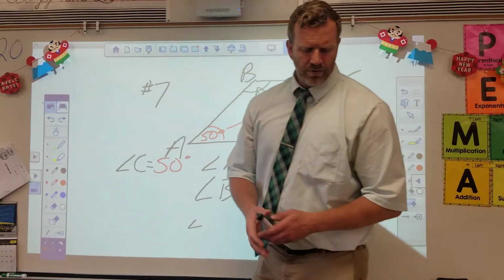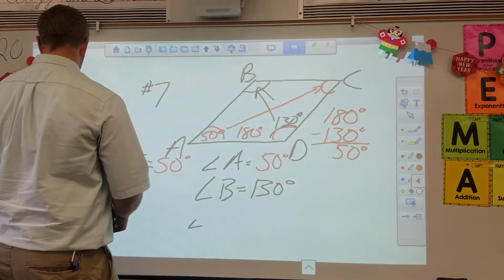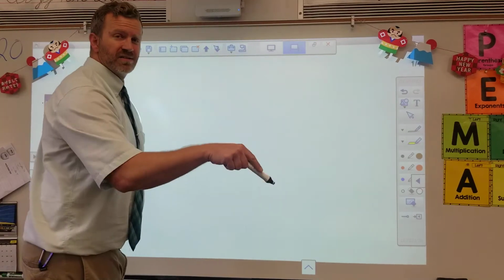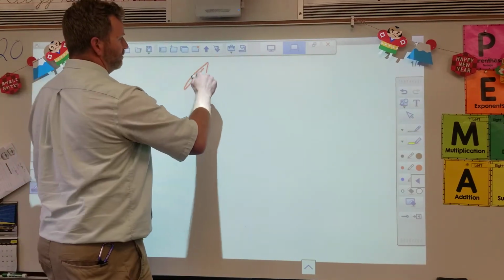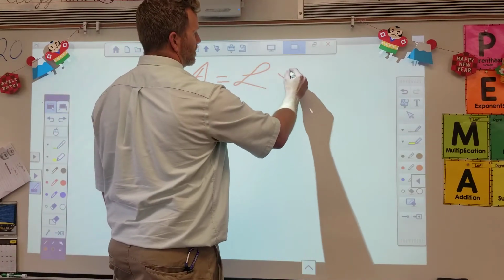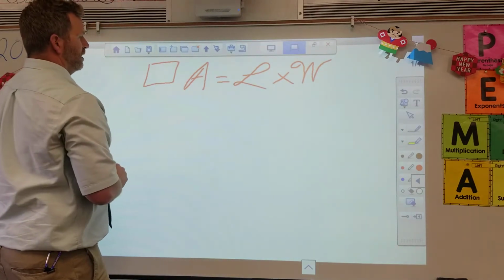All right, real quick, I just want to touch on one formula for you guys. There are several problems in that math lesson about area. Remember, area is just the length times the width, and that's the area of a parallelogram.